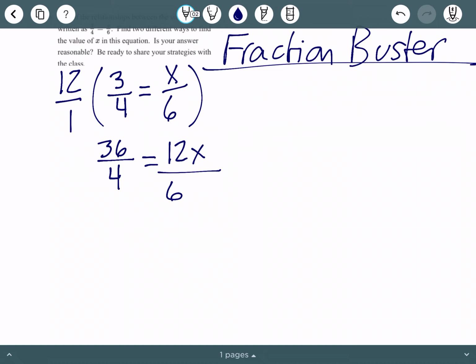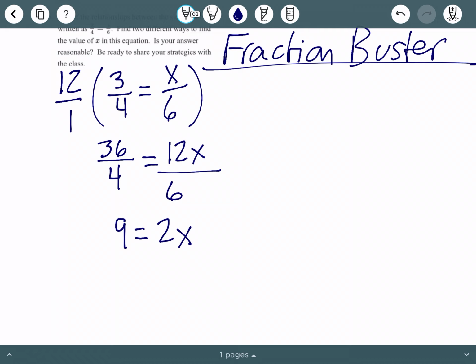So this is where our fraction busting comes into play. 36 divided by 4 is going to give me 9. And then 12x divided by 6 is going to give me 2x. So I have 9 equals 2x.